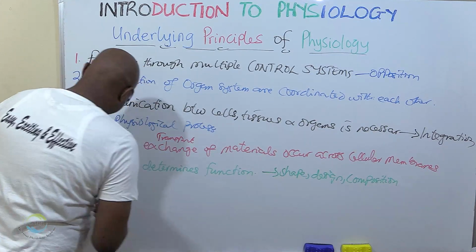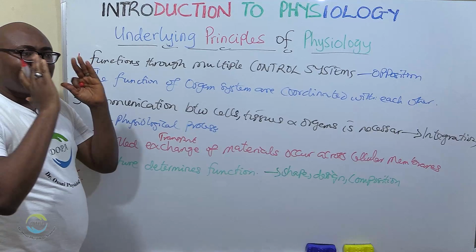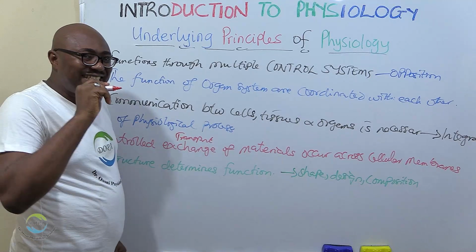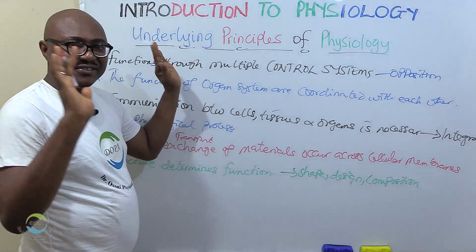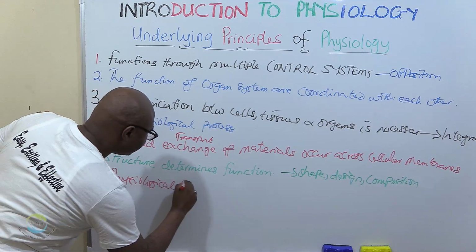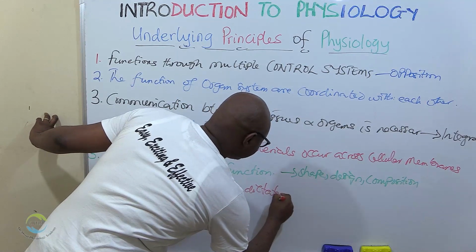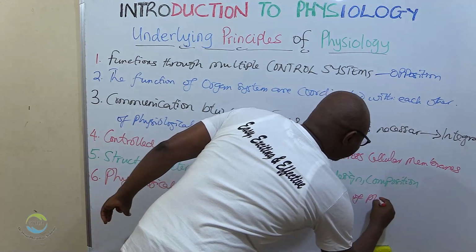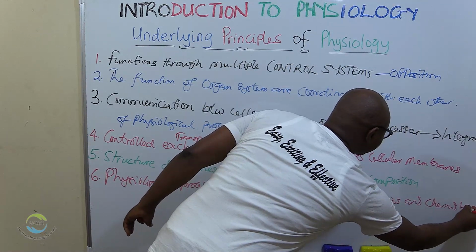Number what? 6. Okay? Number 6 is that physiological processes, what brings about function, are dictated by the laws of physics and chemistry.